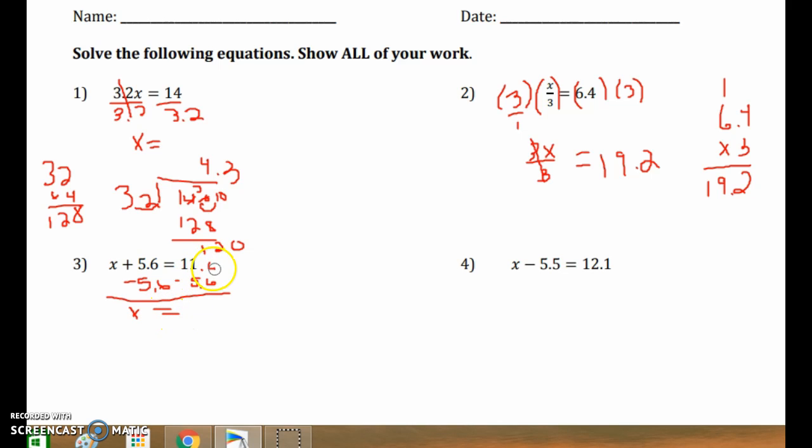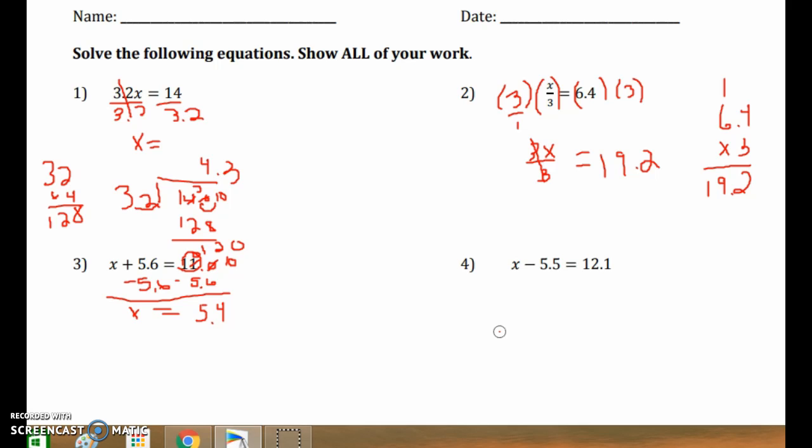This is 11.0. If I have to regroup, I'm going to take this and make it 10. Borrow from the 1, make that 0. 10 minus 6 is 4. I already have 10 here. See that? 10 minus 5 is 5. My answer is 5.4.